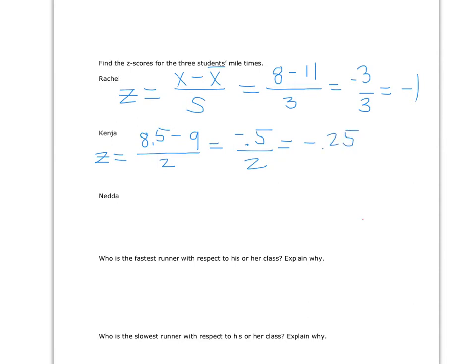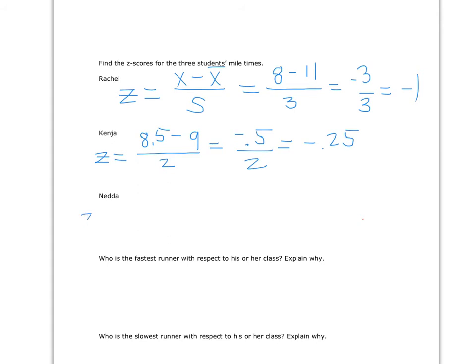So Kenji also ran below the mean, so she ran faster than the mean mile time in her class, but it's closer to the mean. It's closer to 0 than the negative 1. So she wasn't as fast relative to her class as Rachel was to her class.